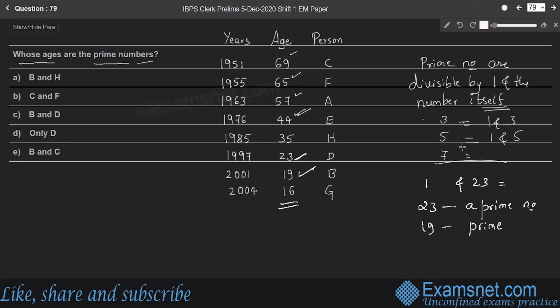It has 2 as a factor, 4 as a factor, 8, and the number itself. So here only 23 and 19 are prime numbers, and the respective persons are D, whose age is 23, and B, whose age is 19. Only D and B have ages that are prime numbers. Hence option C.